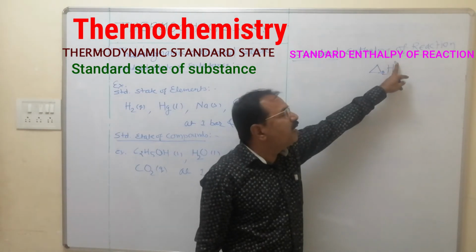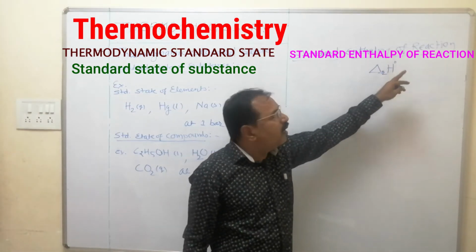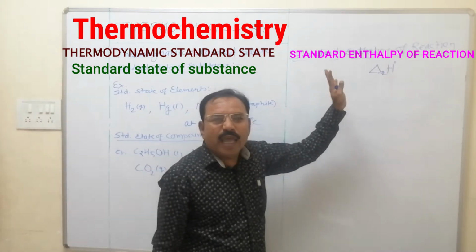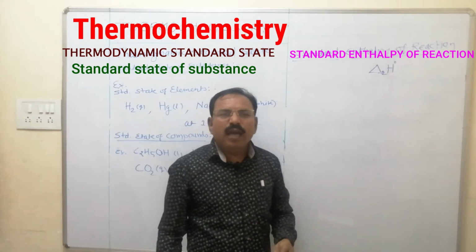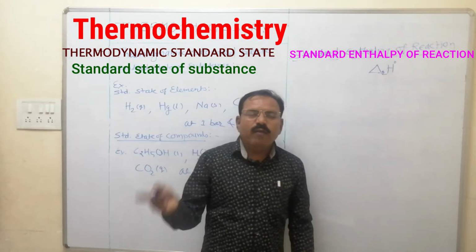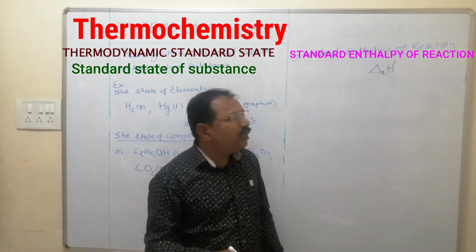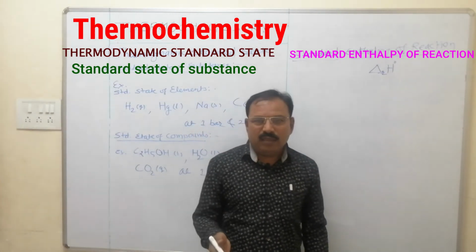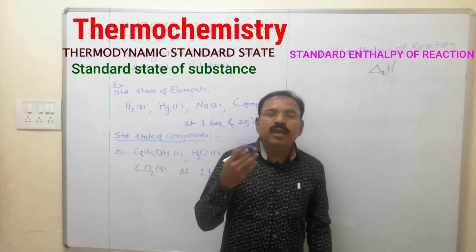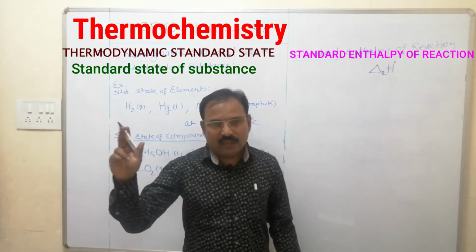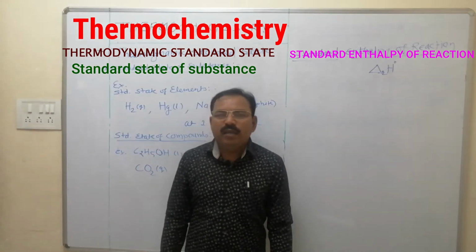That means this indicates standard. The definition of standard enthalpy of reaction is like this. The enthalpy change accompanying the reaction when the reactants and the products are involved in their standard states is called standard enthalpy of reaction.